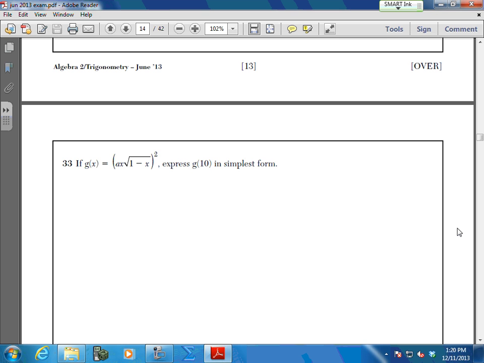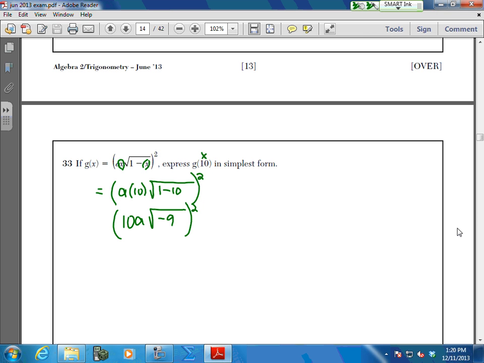Okay, number 33. This actually looks worse than it is. This is your composition, your function notation. This is g of x. So wherever we see an x, we're going to plug in a 10. So we're going to rewrite this to say a 10 square root 1 minus 10 squared. So we've got 10a. This is your negative 9.